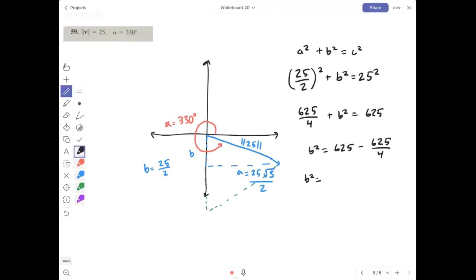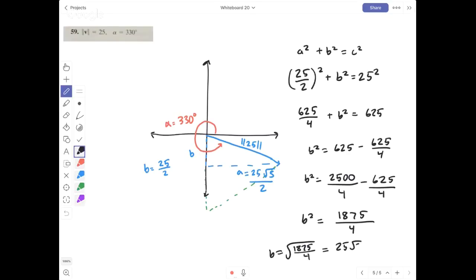So that B squared equals, well, that'd be 1250, so 2500 quarters minus 625 quarters, which means that B squared equals, gosh, stuff is getting hard, 1875 quarters, so that B equals the square root of 1875 quarters, which equals 25 root 3 over 2.